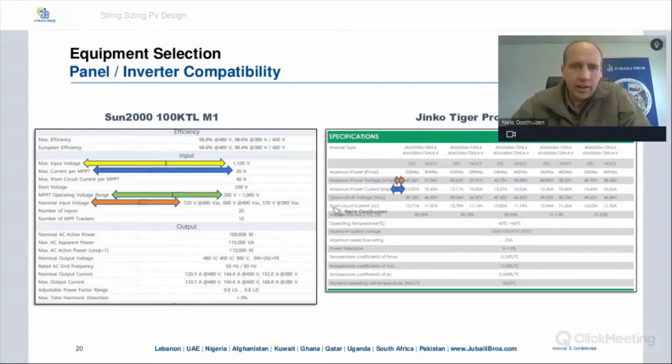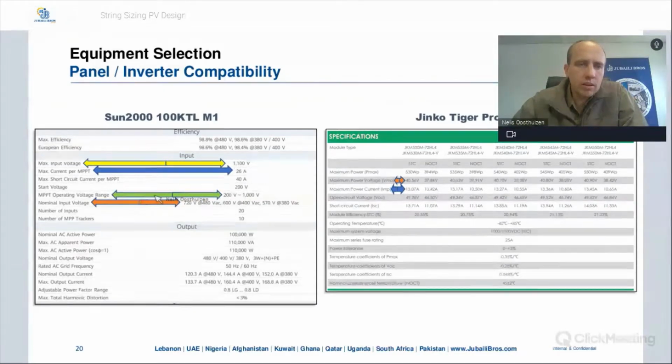So again, if we look specifically at the short circuit current, it's only 14.03 on this 550 watt module. Times it by 2, as you've got 2 inputs per MPPT on the Huawei, that would give us a short circuit current of 28 amps, which is well below the rating of 40 amps.